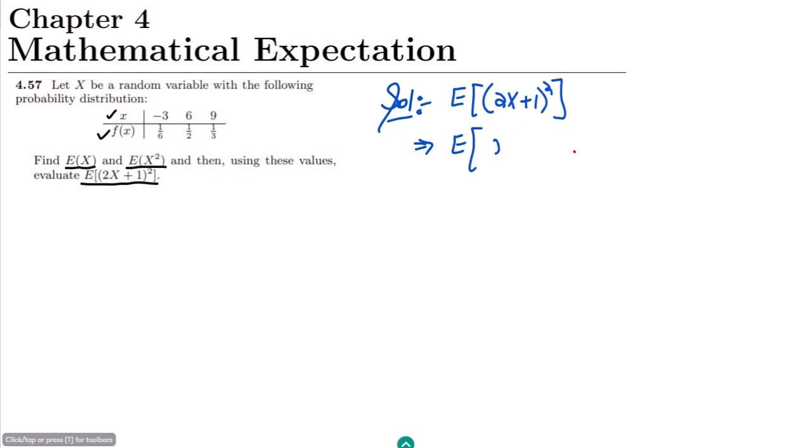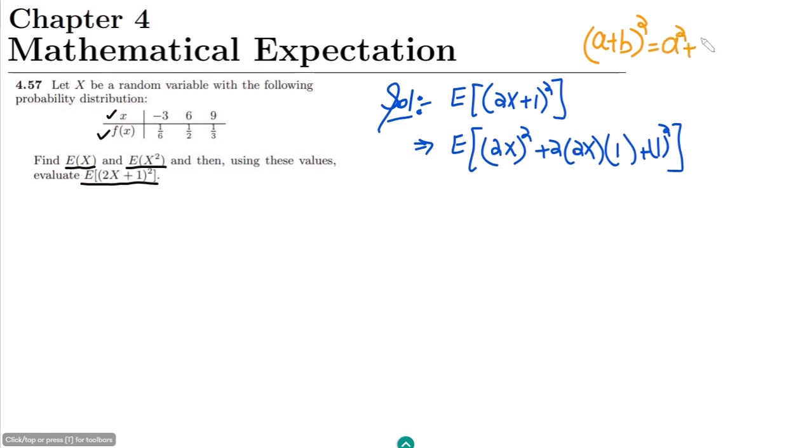So it would be (2x) whole square plus 2 times 2x times 1 plus 1 whole square. Okay, it is so because we have a formula that (a plus b) whole square is equal to a square plus 2ab plus b square. So on the basis of it, we have to evaluate it.